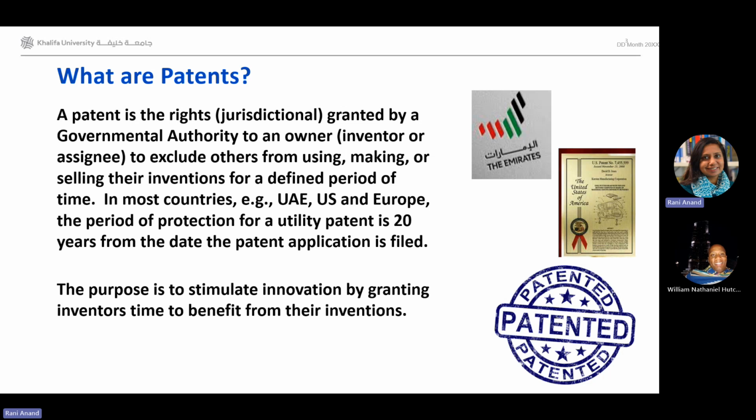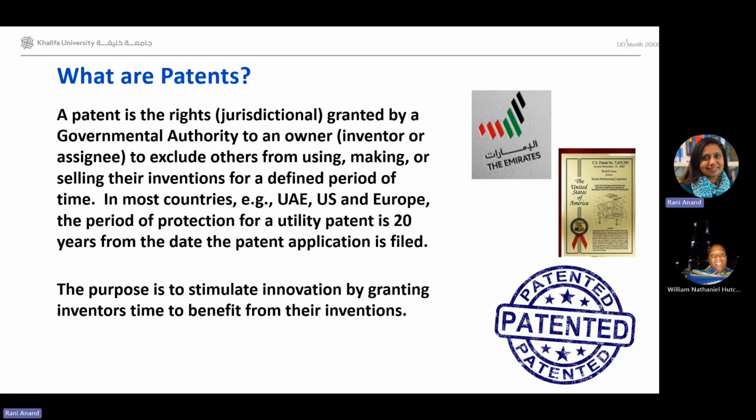So patents are time bound and jurisdictional. If you apply for a patent in the UAE, it's not covered in the US. If you apply in the UK, it's not covered in the UAE or US. You have to apply and be granted a patent in every country where you want to protect your right.